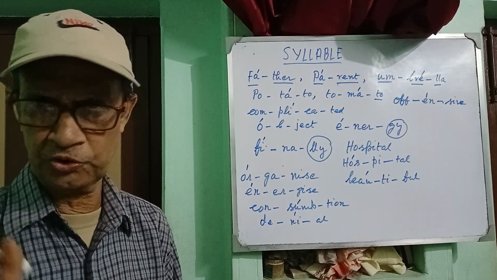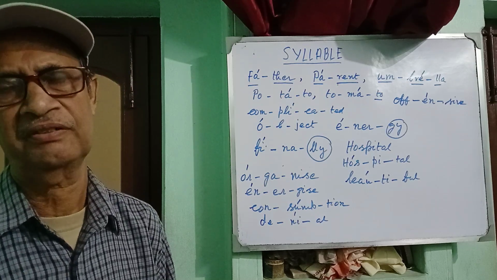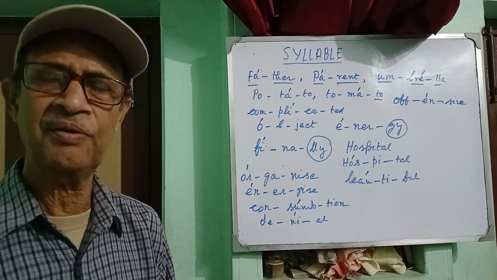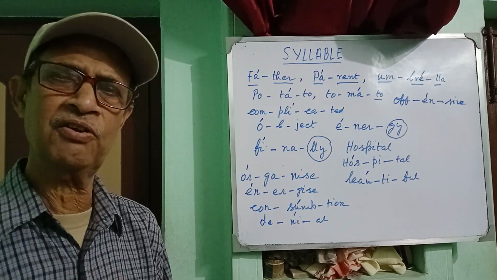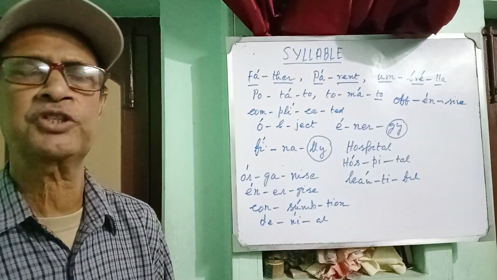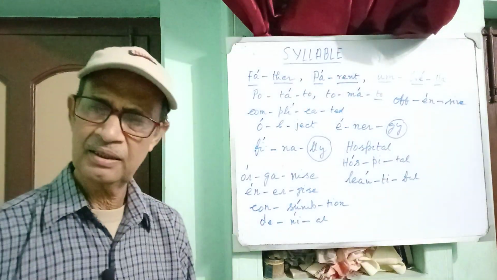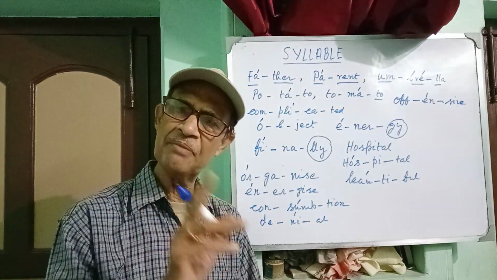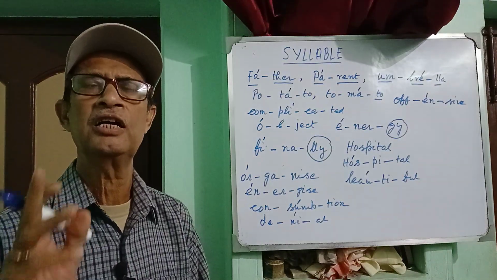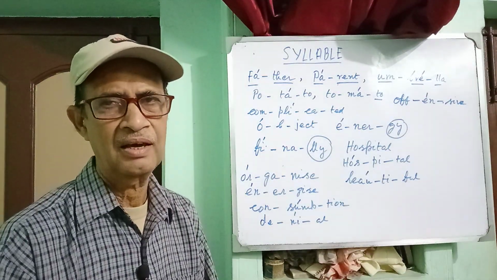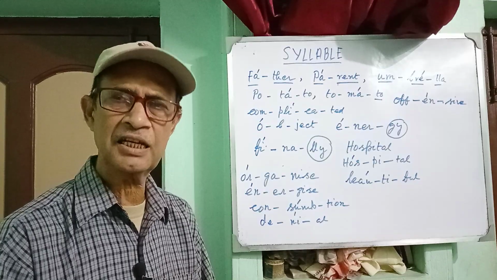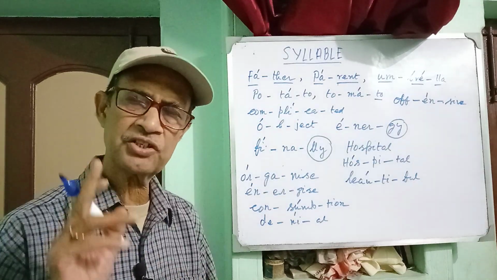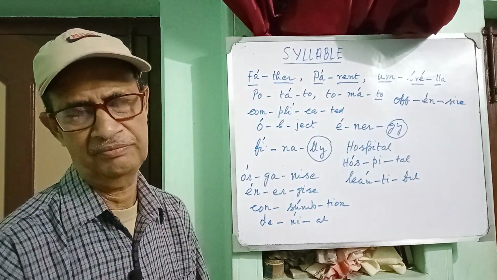However, I will give you more examples of stress system or accent system. I promise that the next day I will give you another lesson on stress system and it will be more clear. Remember that in most of the cases when it is a disyllabic word, that is having two syllables, you are at liberty to give the stress or accent on the first syllable.